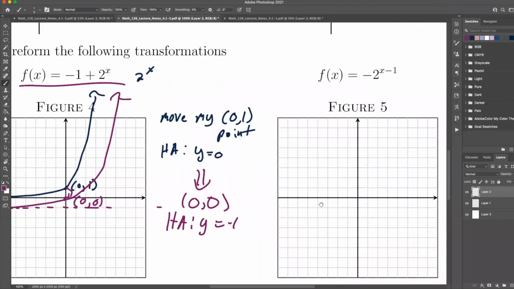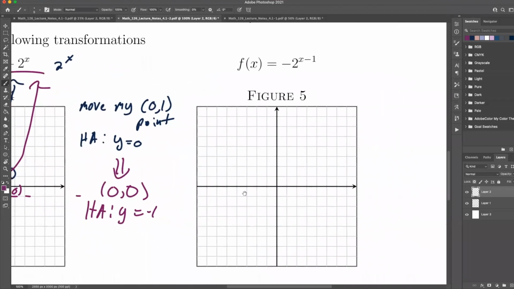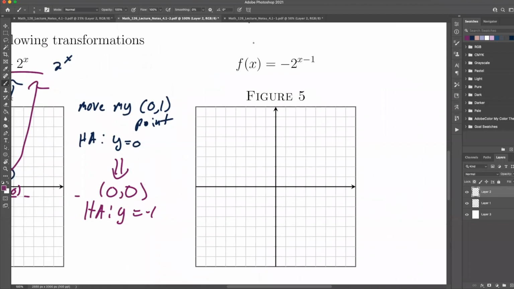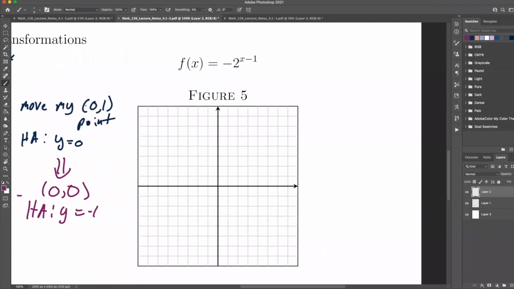So let's do this with something a little bit more complicated. So what am I doing here? Here I'm doing -2 to the x. I'm going to move the 0, 0 point. So it went from here, and then I reflected it. So I'm reflecting it to here.